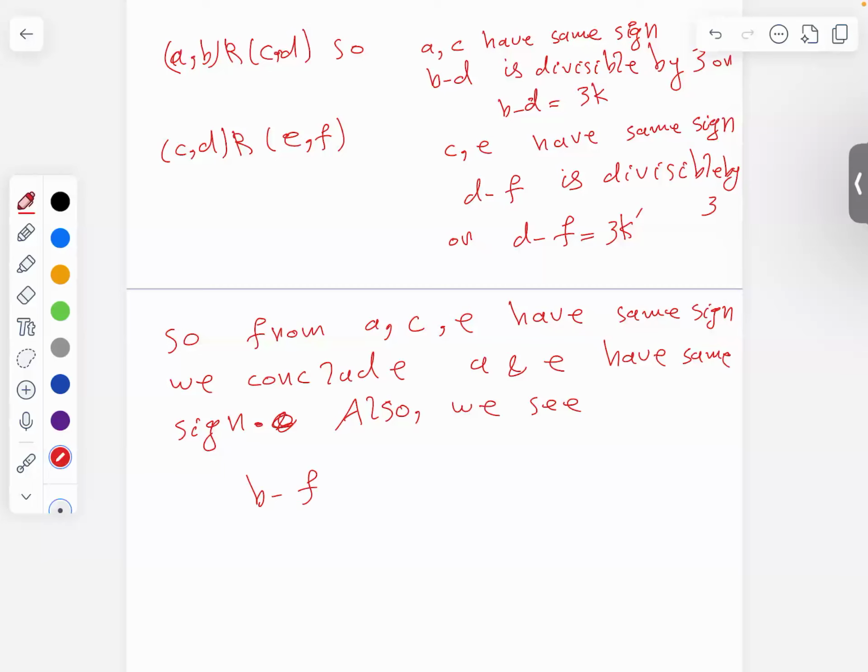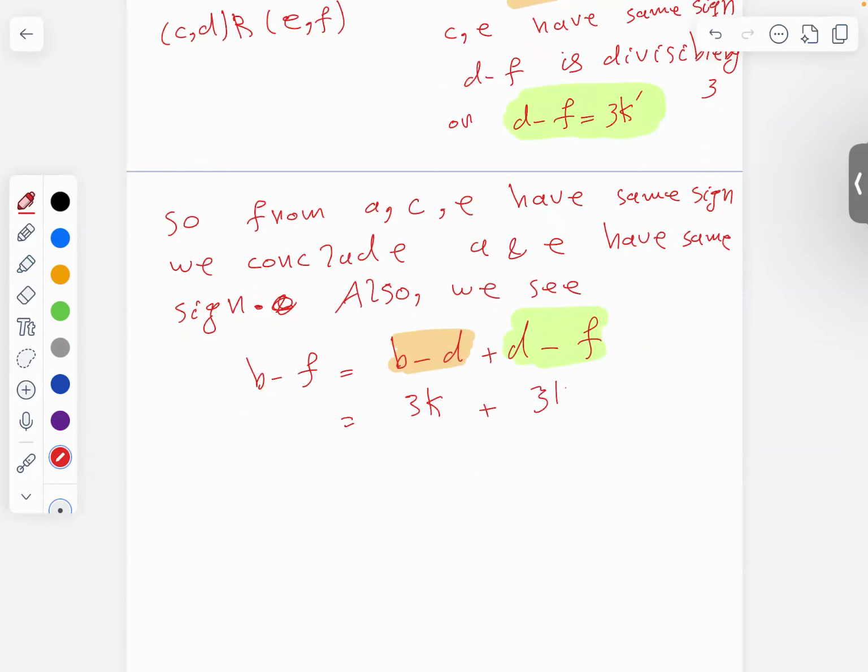B minus F is equal to B minus D plus D minus F, which is 3K plus 3K prime. Factorizing 3, it will be K plus K prime.